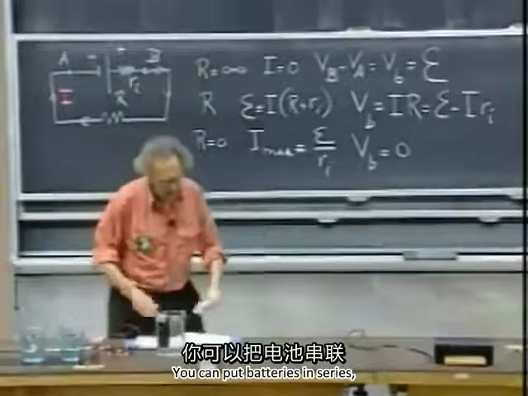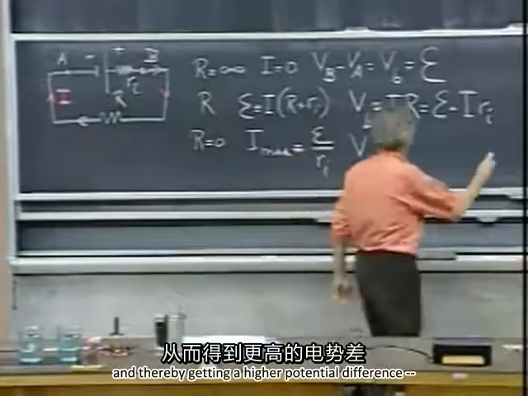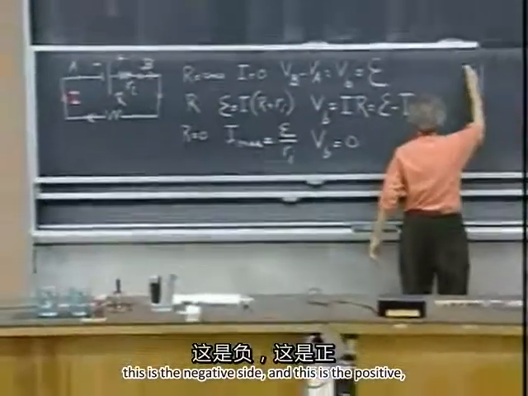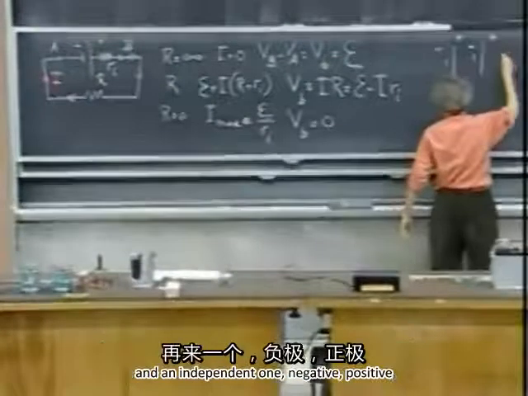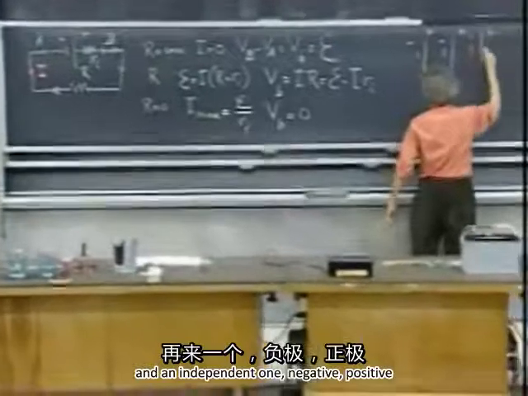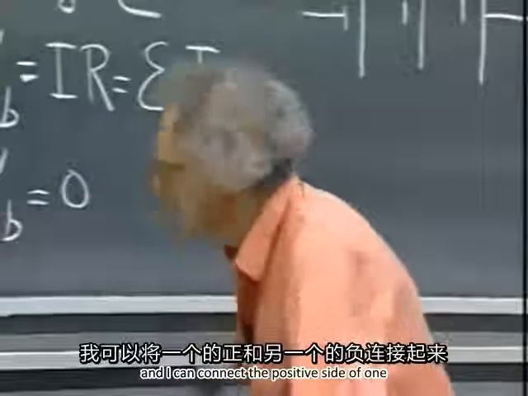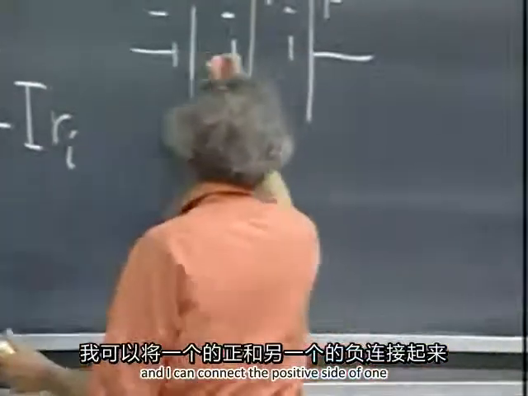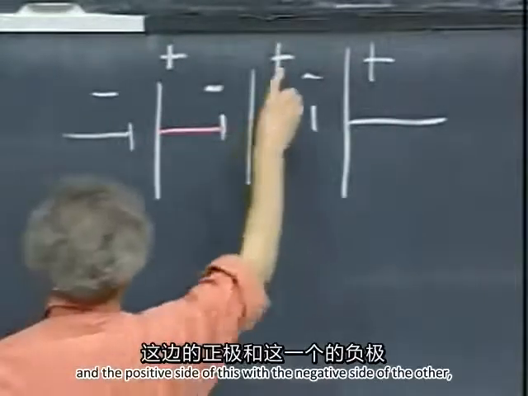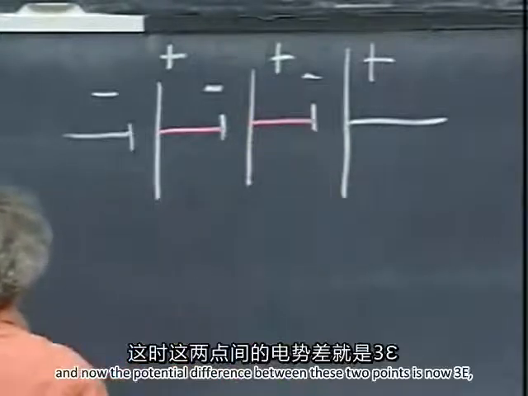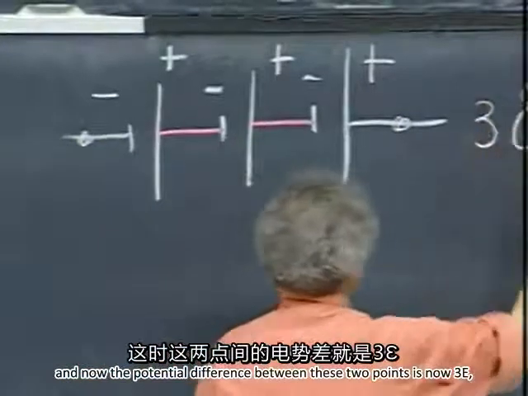You can put batteries in series, and thereby get a higher potential difference. If this is the negative side and this is the positive, I have an independent one, negative, positive, and an independent one, negative, positive, each one with an EMF E, then I can connect the positive side of one with the negative side of the other, just a conducting wire, and the positive side of this with the negative side of the other, and now the potential difference between these 2 points is now 3E.